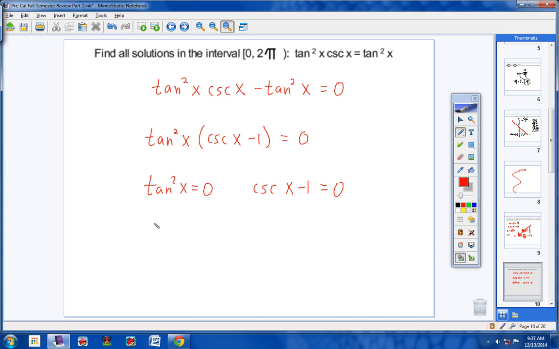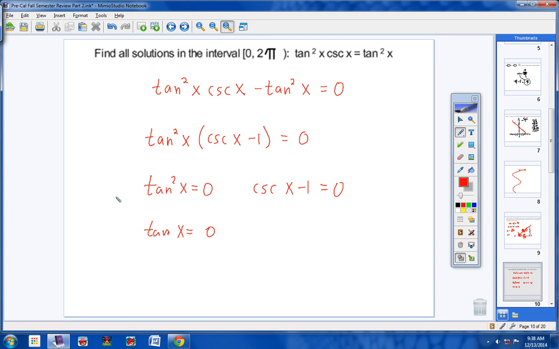So, take the square root of both sides. Tangent x equals, of course, plus minus 0, so it doesn't really matter. 0 is not positive or negative, so 0. Now, if I'm looking for an angle that gives me 0 when I take tangent of that angle, guys, we've got to be very careful here. And remember, it's going to be one of my quadrant angles, so I'm very quickly going to take the tangent of 0, and that gives me 0.